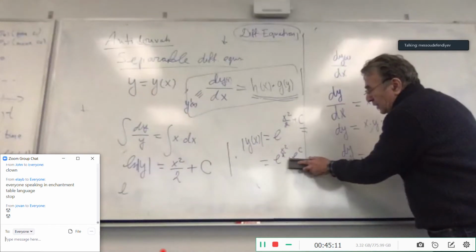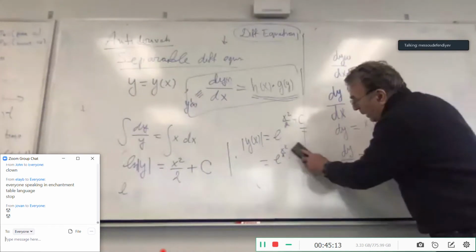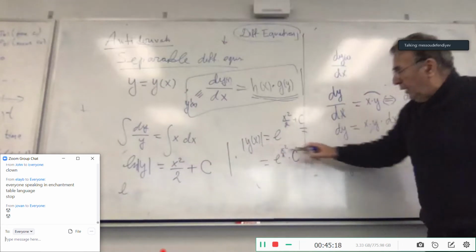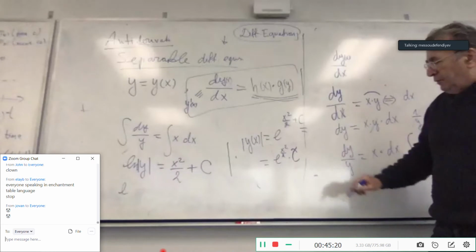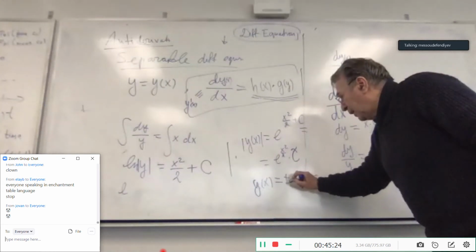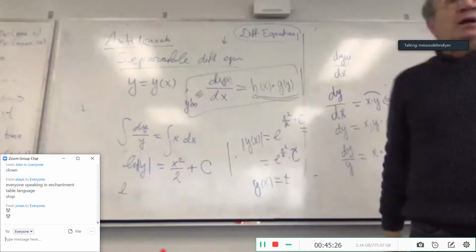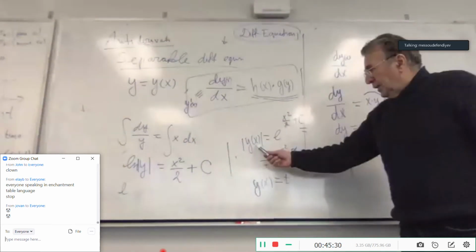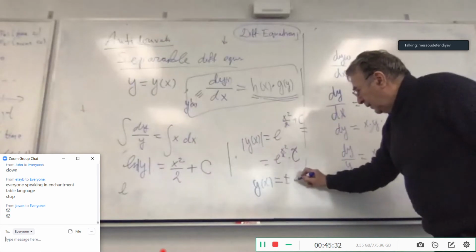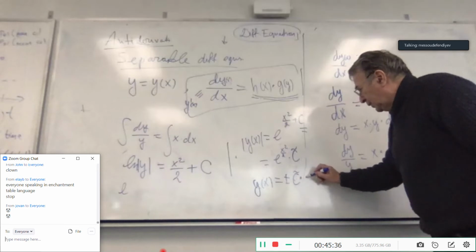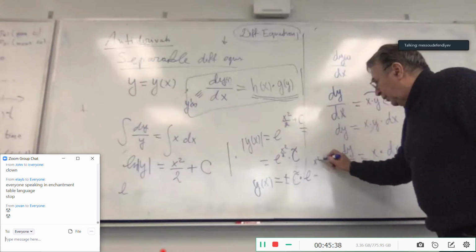Therefore, sometimes you can just replace it by another arbitrary constant, c tilde. So if you have the absolute value of y, then your solution y of x is equal to plus or minus c tilde, an arbitrary constant, times e power x squared over 2, because if the absolute value is equal to something, then what is inside is equal to plus or minus that.